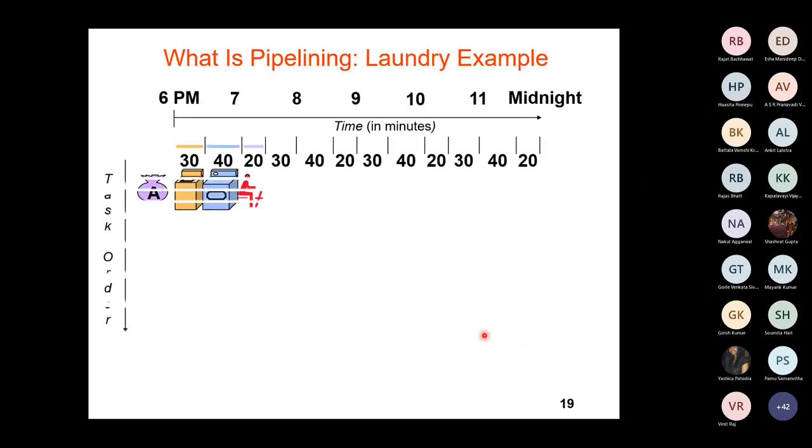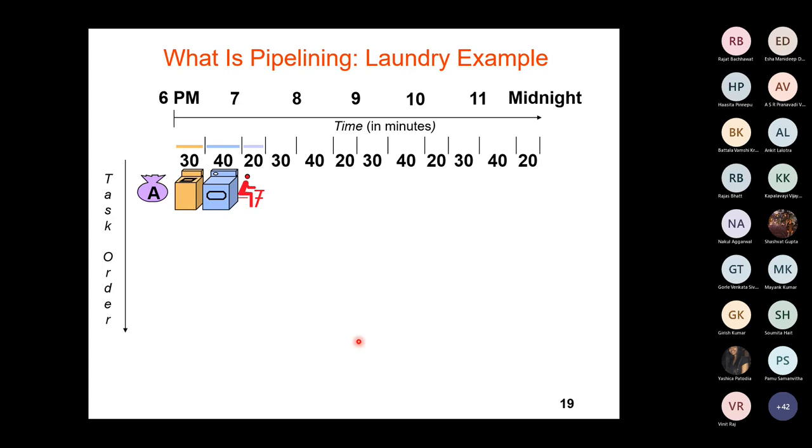One possibility is that student A arrives, so he or she takes 30 minutes to wash, 40 minutes to dry, and 20 minutes to iron. So that means 90 minutes each.